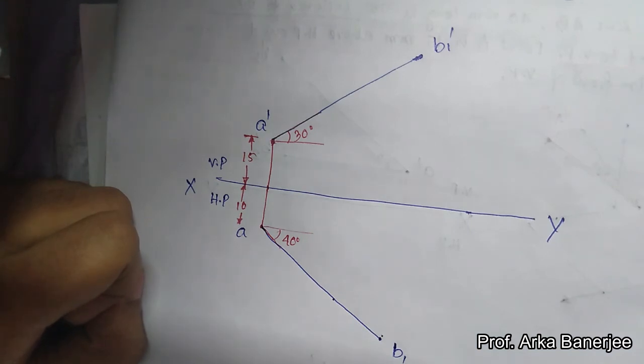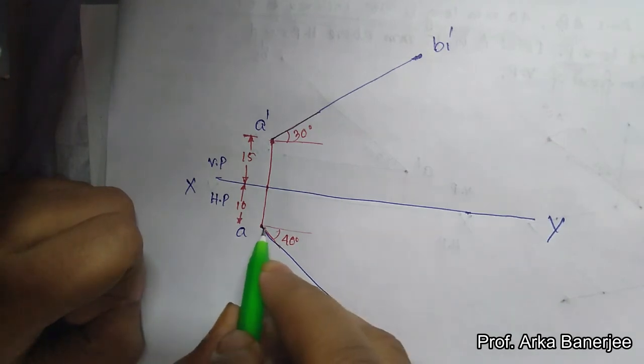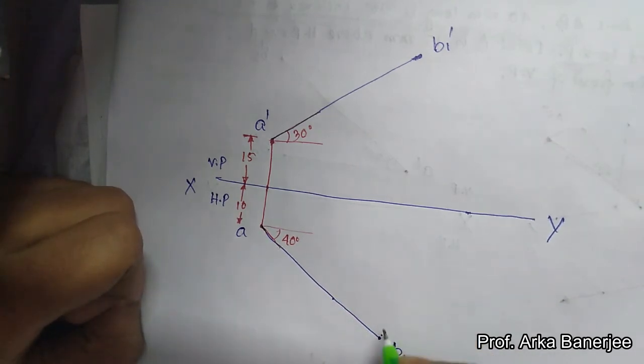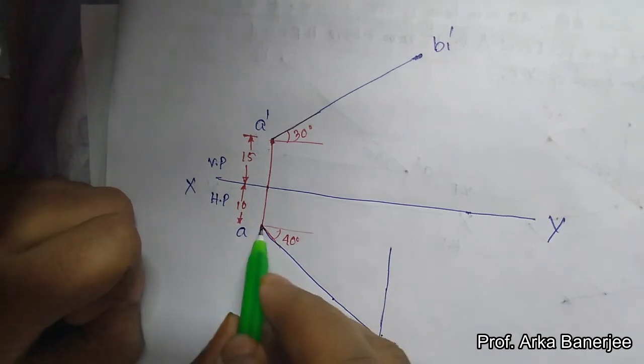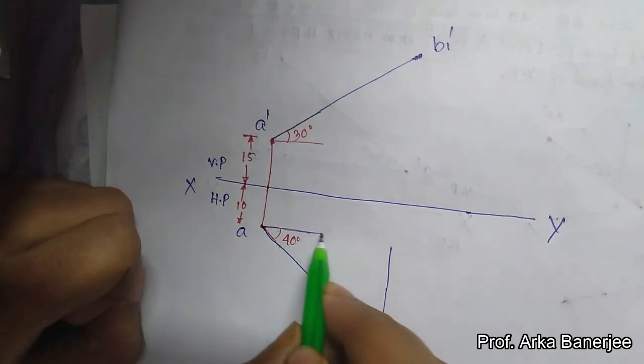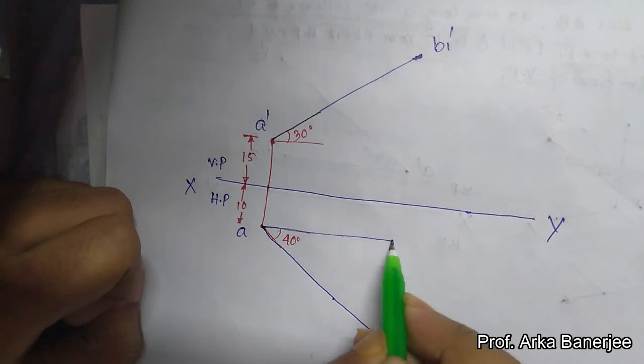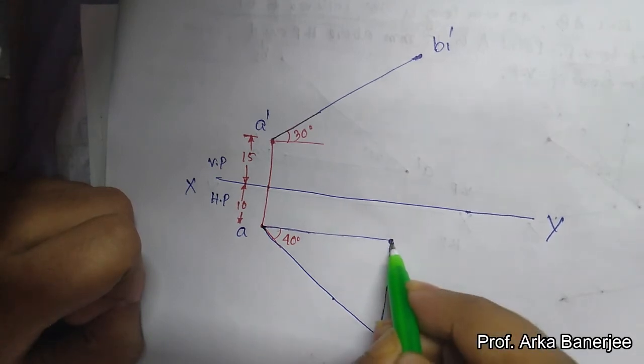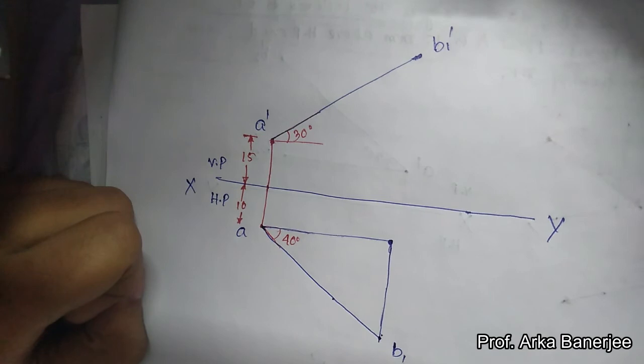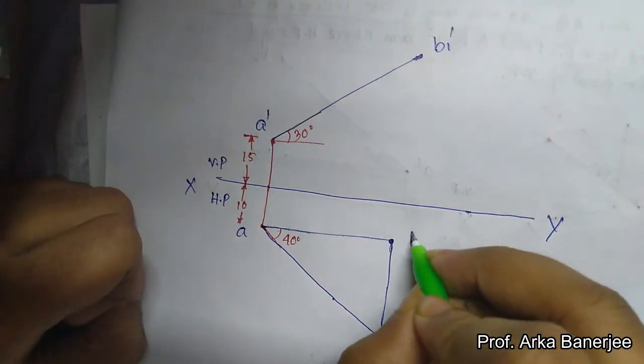Our next duty is we need to draw projection from B. So we will draw projection from B up to this level. You draw horizontal line from here and you project it on this horizontal line and mark it as B2.